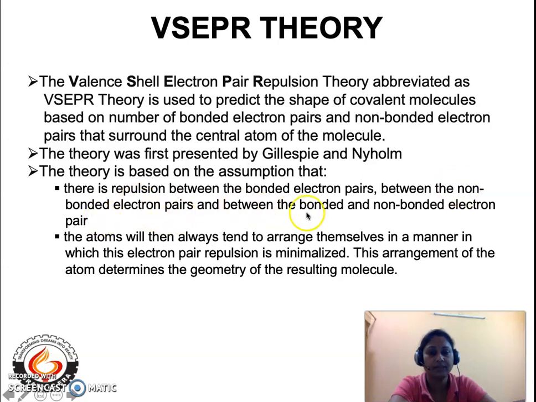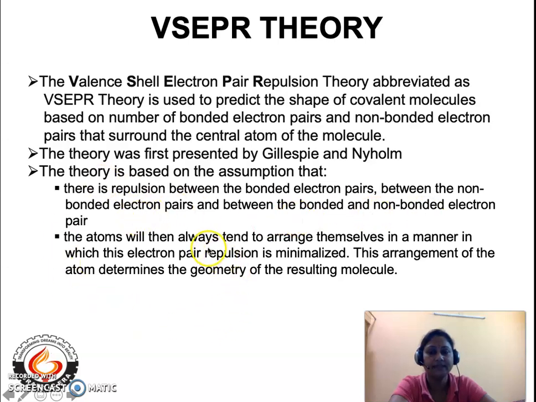Also, there will be repulsion between the bonded and the non-bonded electron pairs. So this is the first assumption. The first assumption is saying that there will be repulsion between the bonded electron pairs, between the non-bonded electron pairs, and between the bonded and the non-bonded electron pairs.